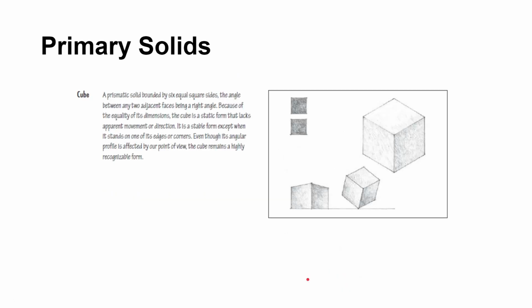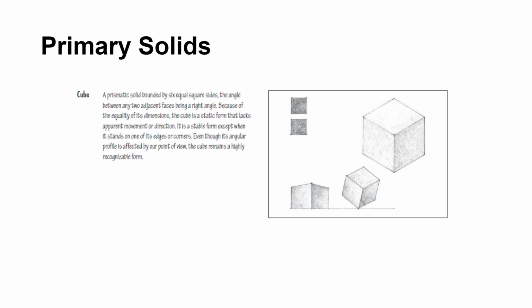And then your cube, a prismatic solid bounded by six equal square faces. This is your typical dice or your box or blocks. The angle between any two adjacent faces is a right angle. Because of the quality of its dimensions, the cube is a static form that lacks apparent movement or direction. Whenever you roll a cube, it basically stays there in place.